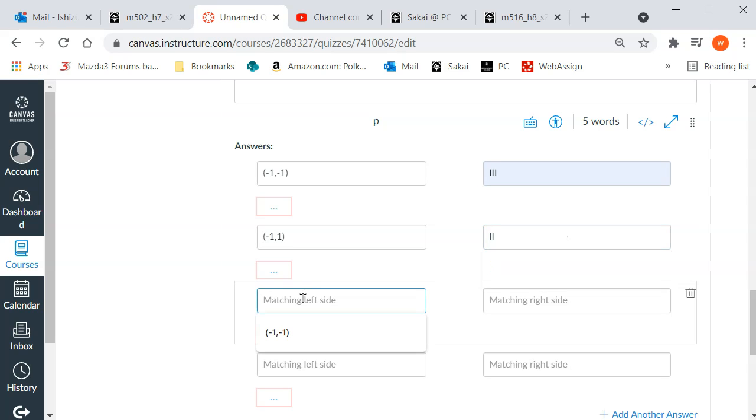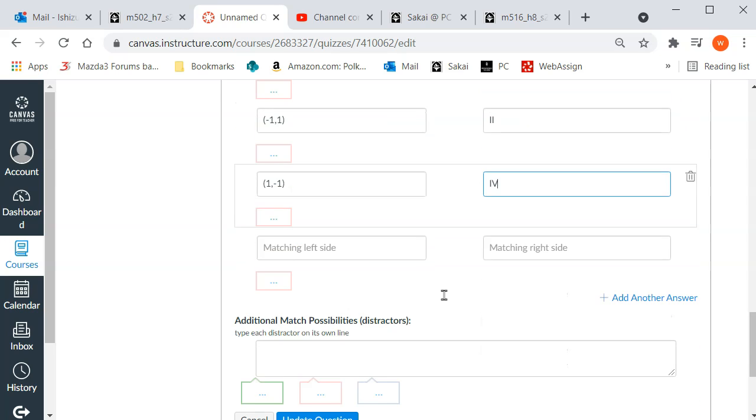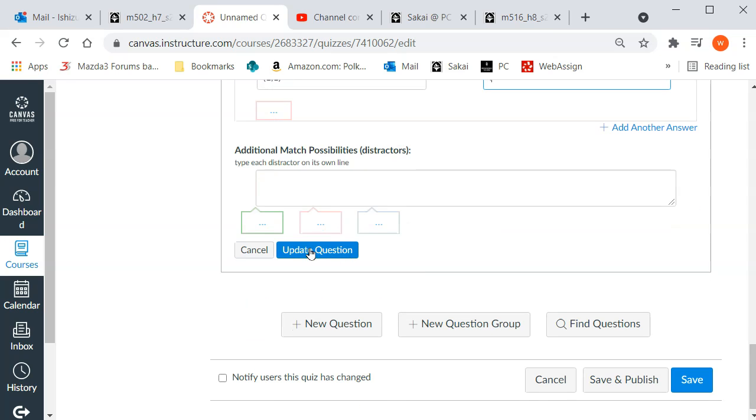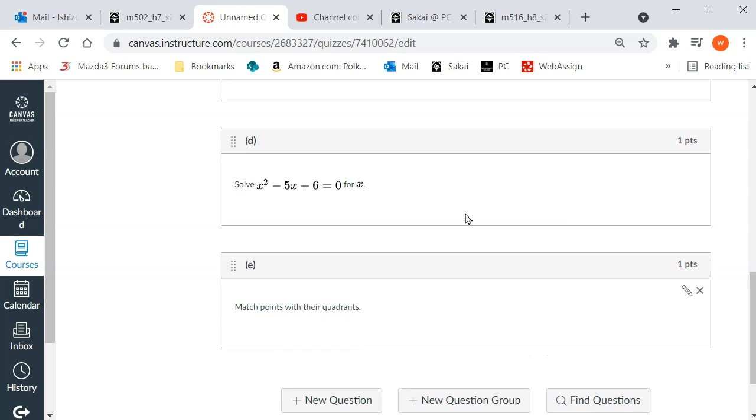Then you can have 1, -1, which is in the fourth quadrant. And the last one, 1, 1, is going to be in the first quadrant. Then update. So that's going to be matching.